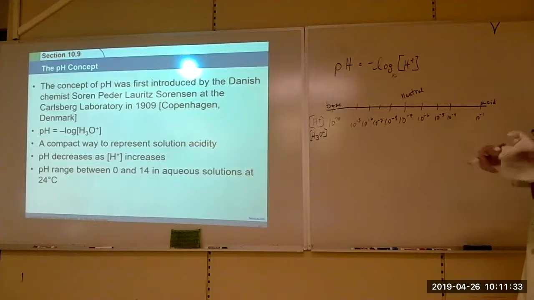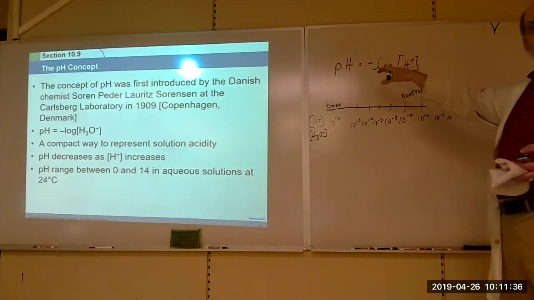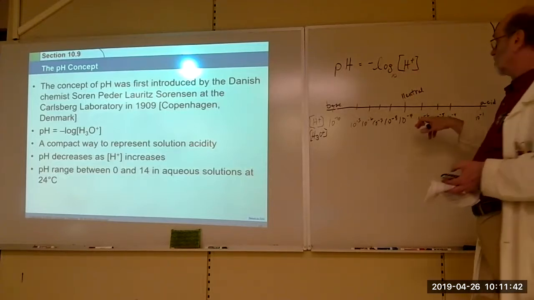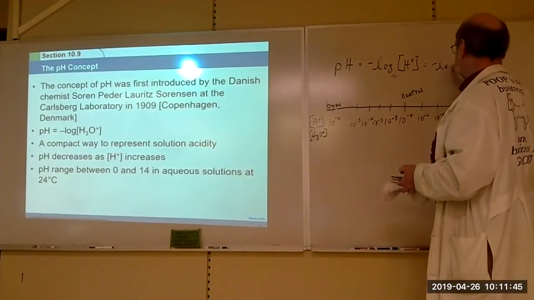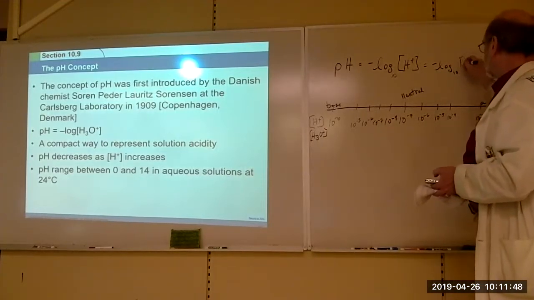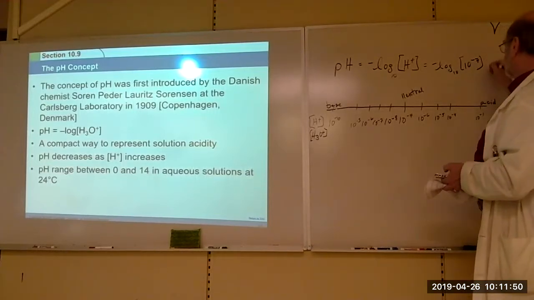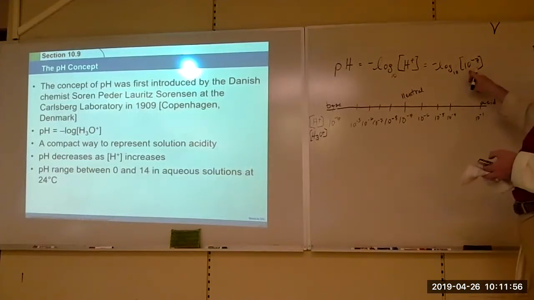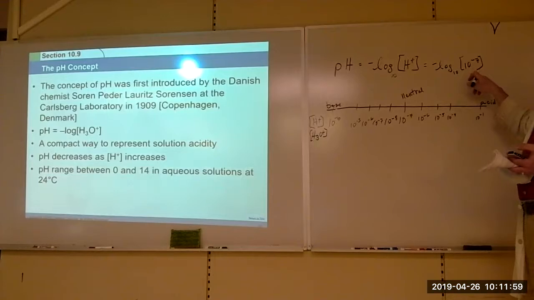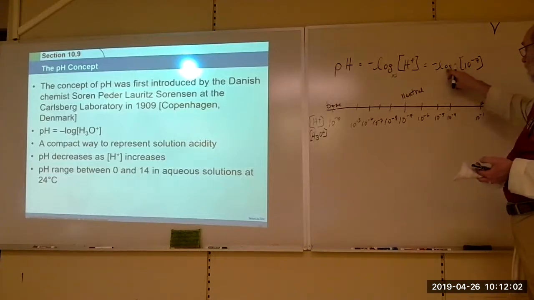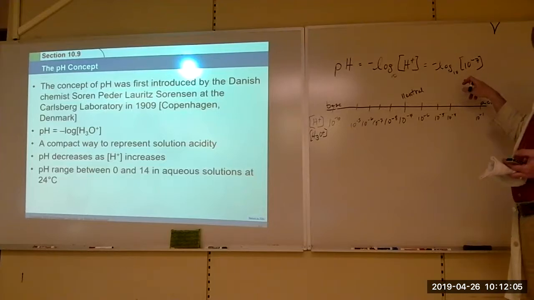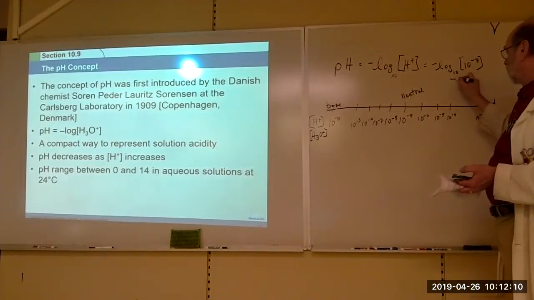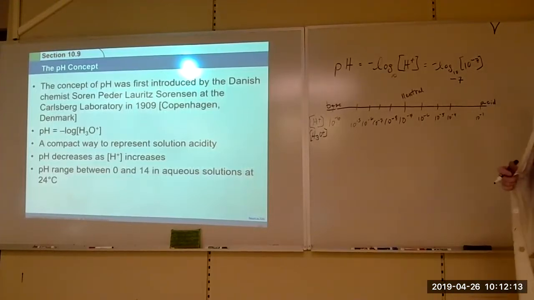Now, what if we do the log transformation that Sorensen proposed? For example, let's take the middle of the road. So negative log to base 10 of 10 to the minus 7. What would that be? Well, the log of this number is the power of 10. So the log of that number is minus 7. You plug it into your calculator and it'll tell you that's minus 7. But Sorensen said, I don't want to deal with negative numbers either.